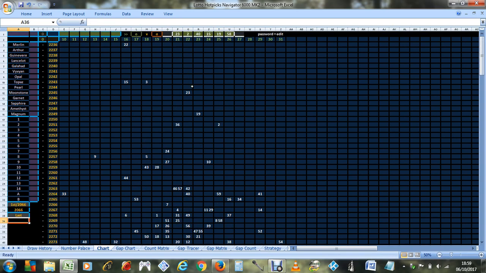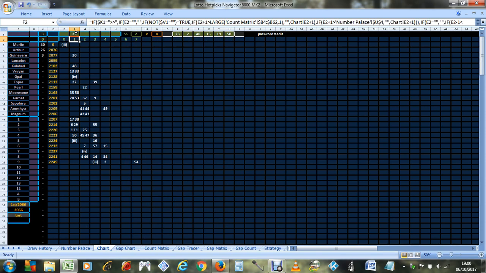based on basically the frequency of the number and how recently it had been drawn, and then I went through the entire draw history again, and I looked up how many times each other number had occurred with that number to make a new chart, and that took me all day as well.